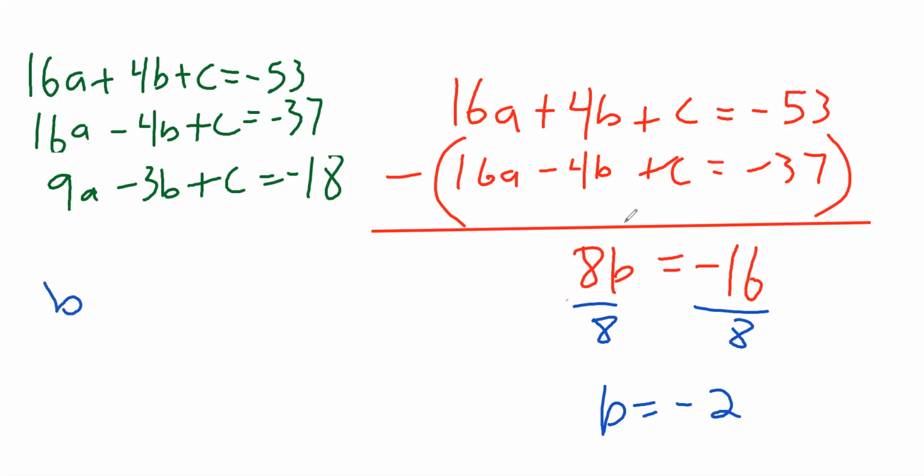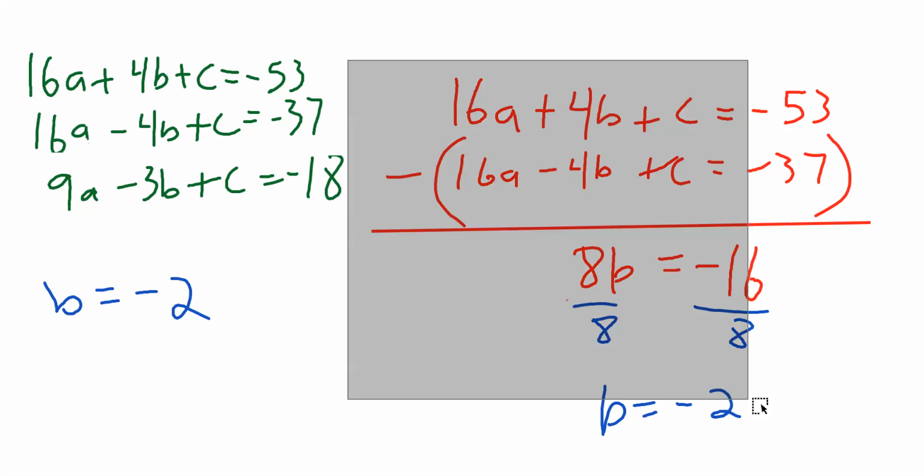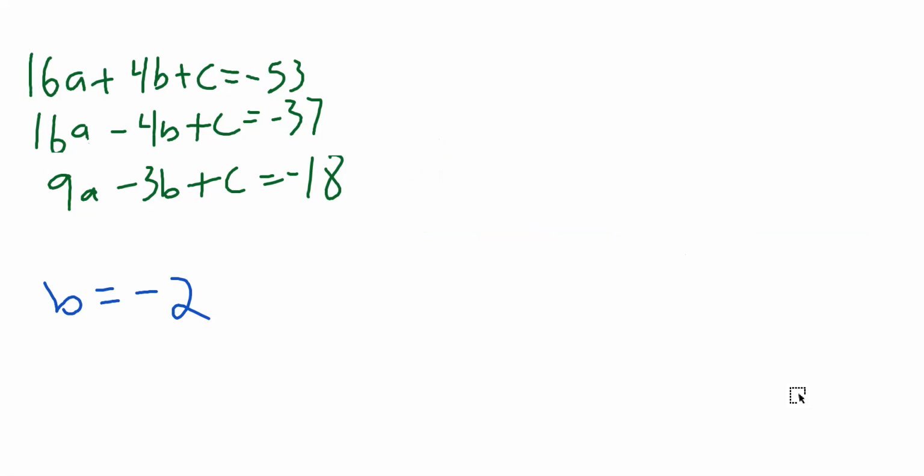So I'm even going to put that over here. And now that we've done that, some more wonderful things will happen. One of those things is, okay, we know what b is. Now we can start using some of the other equations in order to really start solving this.